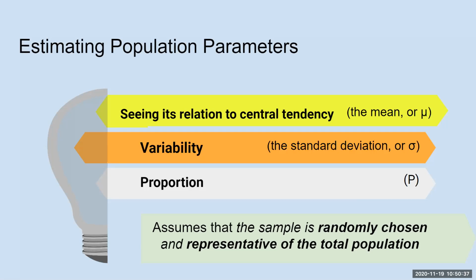Now, all of these estimates are assuming that the sample is randomly chosen and representative of the entire population. I can incorporate this in my own research on, say, the clinics that receive funding, and I can investigate one facility and compare it to the overall population of other facilities.